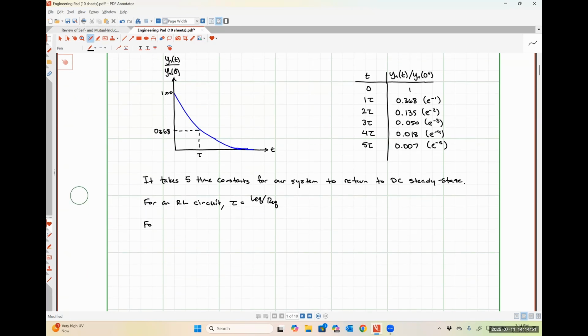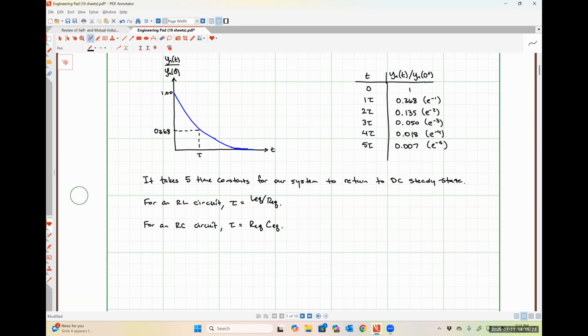For an RC circuit, what we'll find is that our time constant is simply the product of REQ times CEQ, because we would have REQ times CEQ divided by REQ times CEQ, which is obviously 1, okay? So these are our expressions for our time constants for both an RL circuit and an RC circuit.